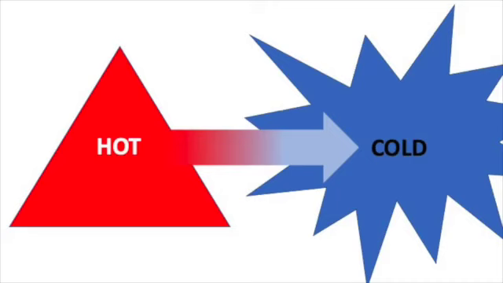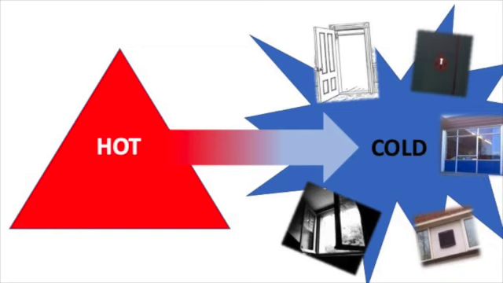In our homes, the cold places will be open doors and windows, cold glass, uninsulated ceilings or walls, and any holes or gaps in the structure, such as uncovered keyholes or extractor fans without shutters.